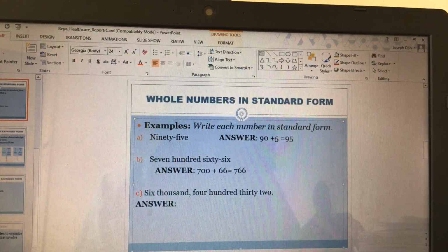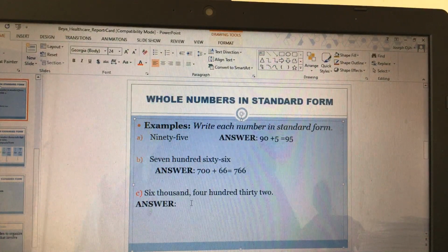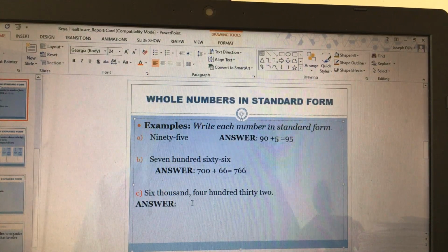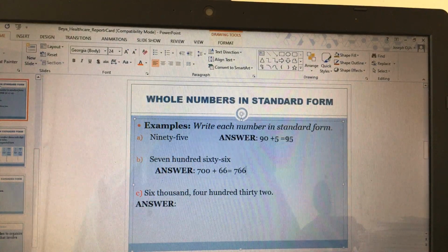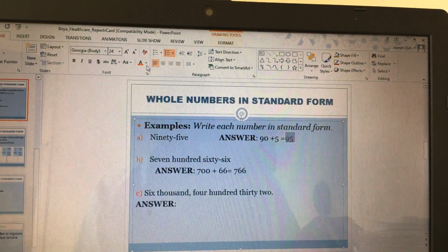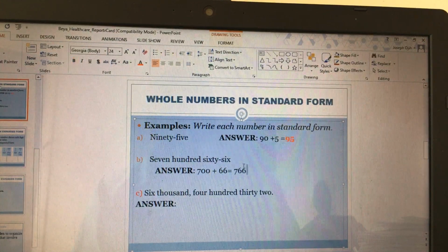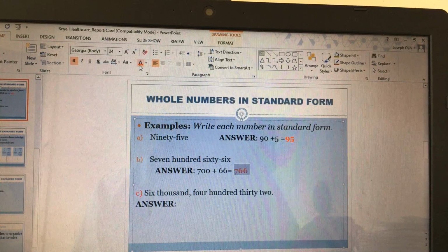See? Very easy. Am I right? Okay. So this is what we call standard form. 95, I'm going to make it red color and make it bold. And 766, it is now in standard form.